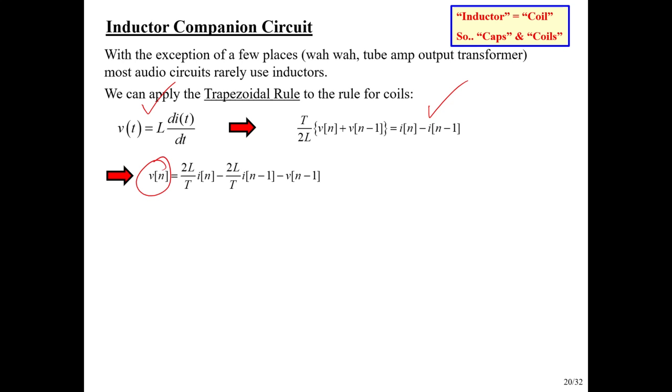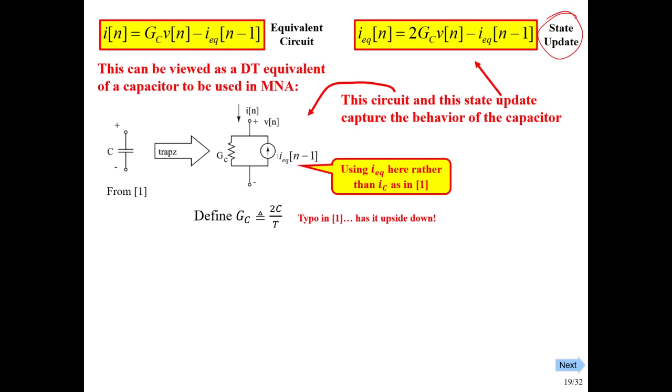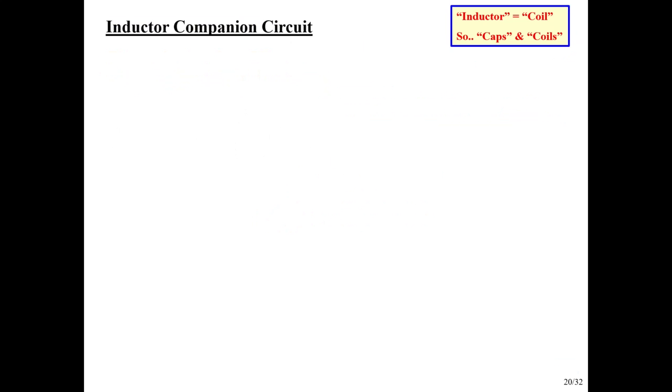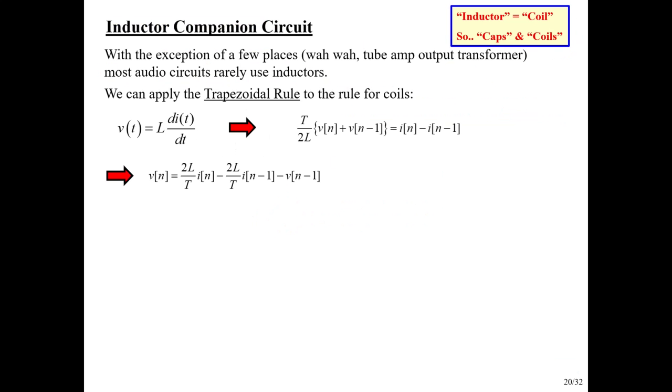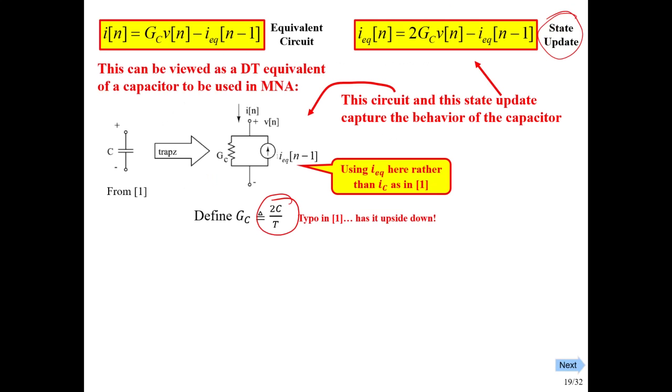So V of n, and now we get 2L over T here. If we go back, notice that we had 2C over T, and now we have 2L over T. But notice that that multiplies a current, and over here we had that multiplying a voltage.